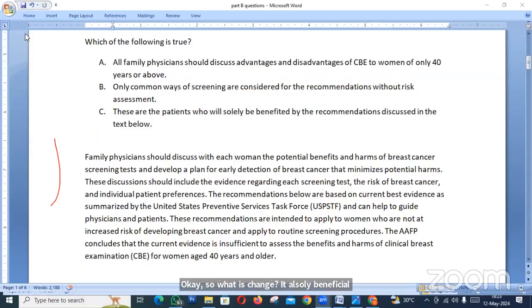Excluded C because it's not only beneficial. These are the patients who will solely benefit from the recommendation discussed in the text below.